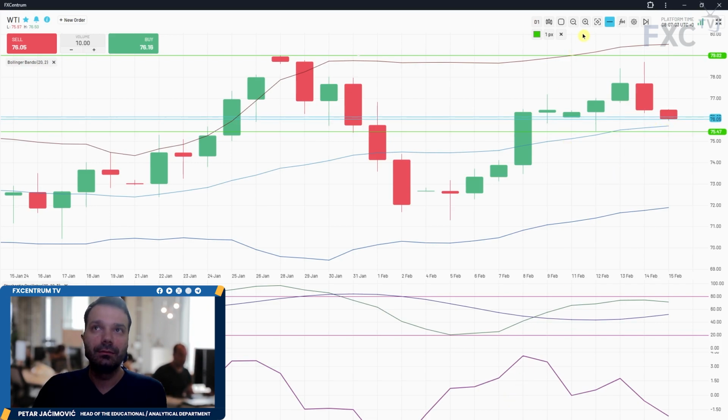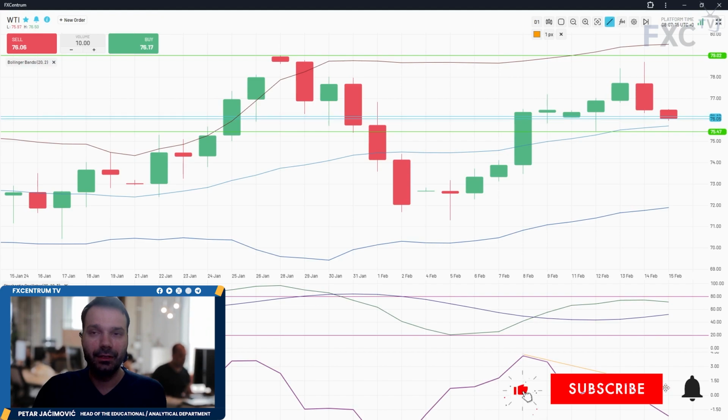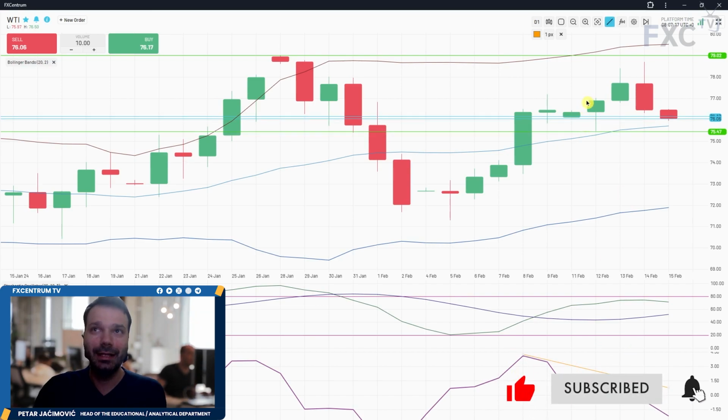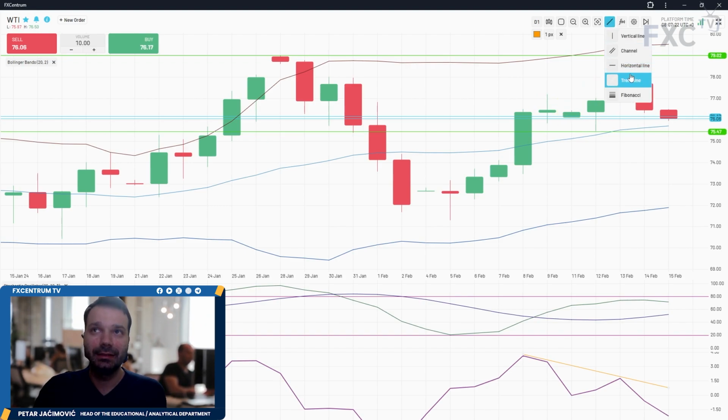If you check the bottom chart, there is the rate of change, period 2, and we can see a bearish divergence on the rate of change. Basically, the market made a higher high at this point. If I place this trend line, this is the first initial swing high, then we had a pullback, and then another rally.